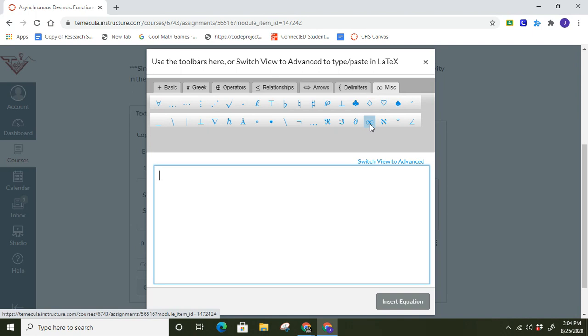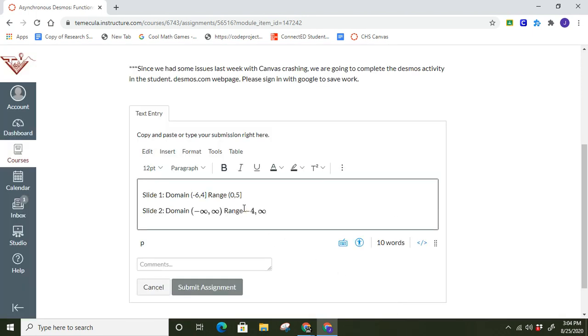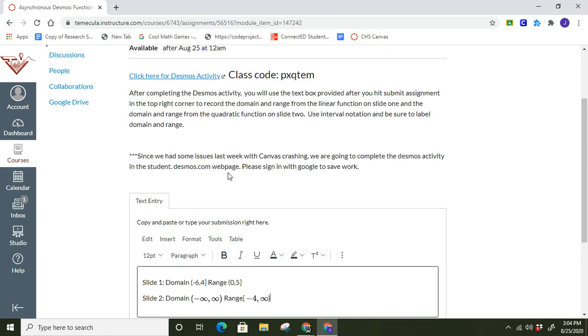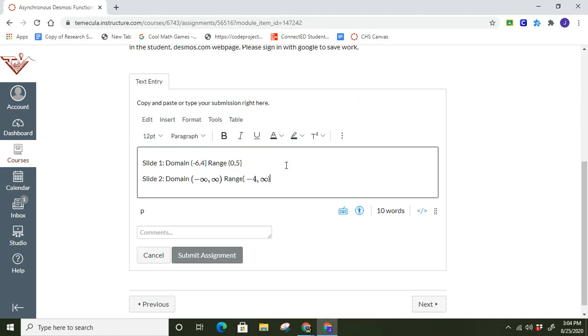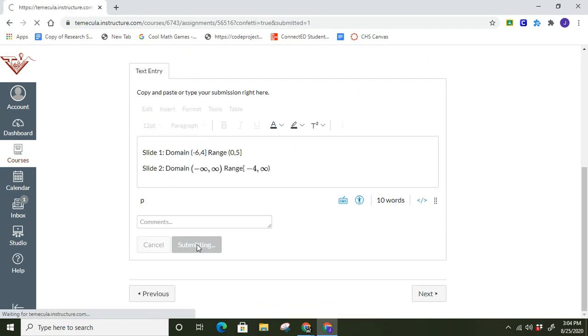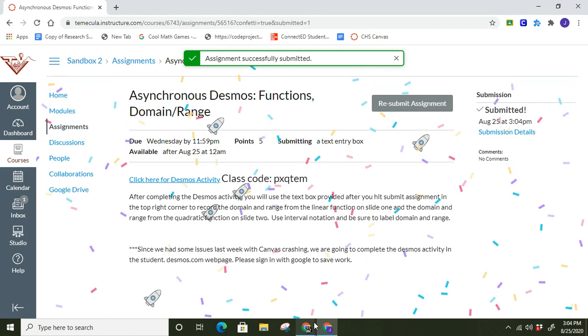So I'll do this. Okay, so -4, infinity. Come out here and put the brackets on it. Bracket there, parenthesis there. All right, and so that's all you needed to do for the Canvas part. So hit submit, and that part's done.